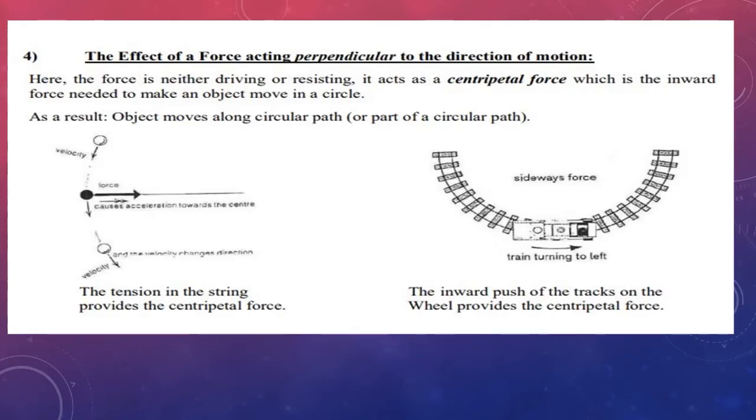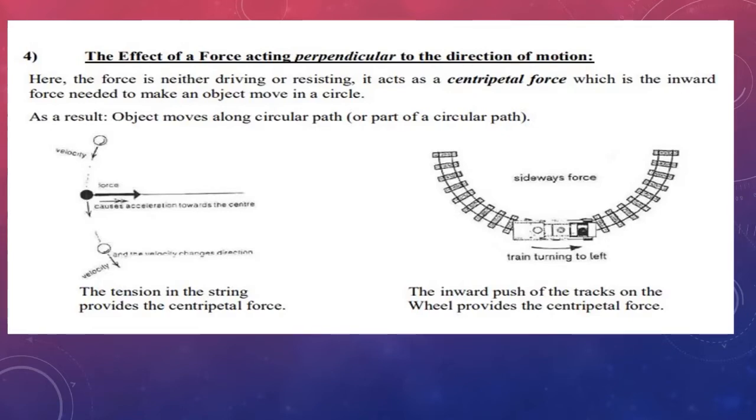What is the direction of this force, and what is the effect of this centripetal force on the velocity of this moving object? Look at this example. This train is turning to the left, moving in a circular or semicircular path.